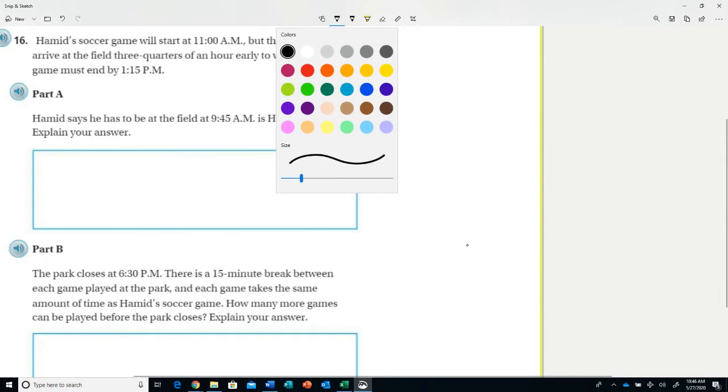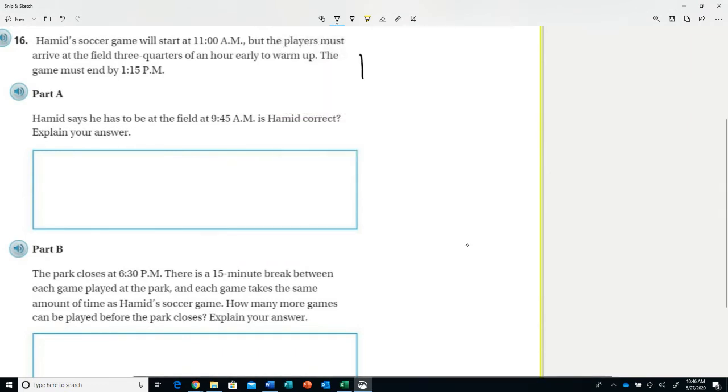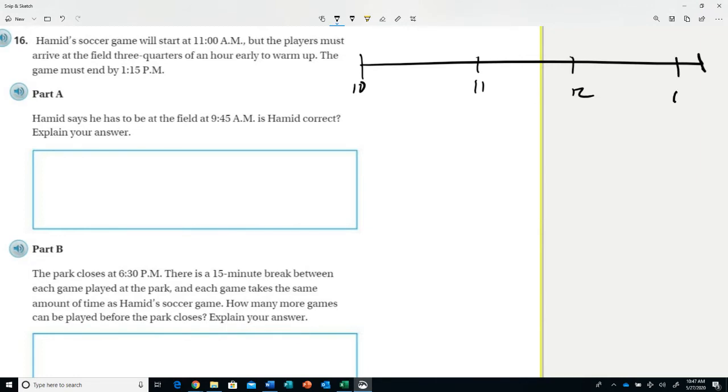Let's try it again. So number line, I'm going to leave it blank for the moment. Okay, game starts at 11, but players have to be at the field 3/4. So let's start this at 10. Say 10 to 11 to 12 to 1, and then absolutely done by 1:15.